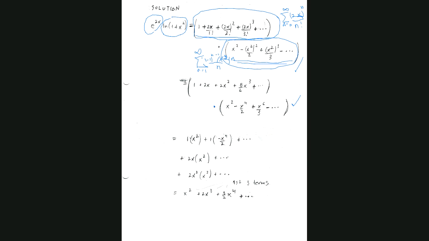So you're referring, Josiah, to this term here, 2x quantity squared over 2. 2x quantity squared is 2x times 2x, and then over 2 factorial.